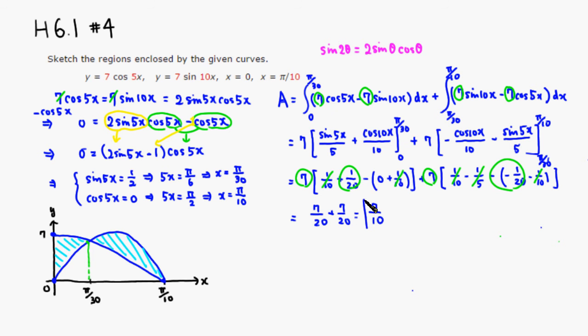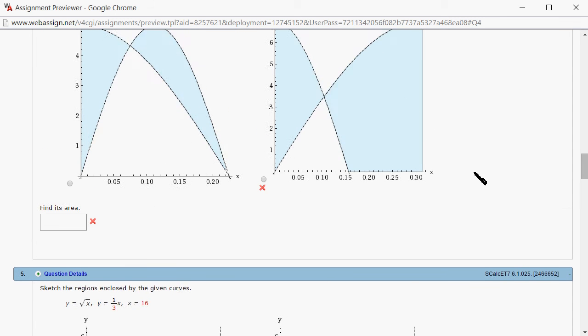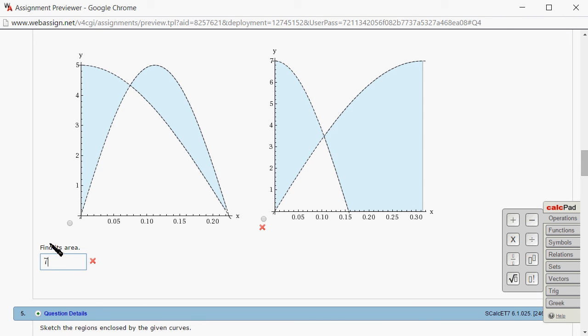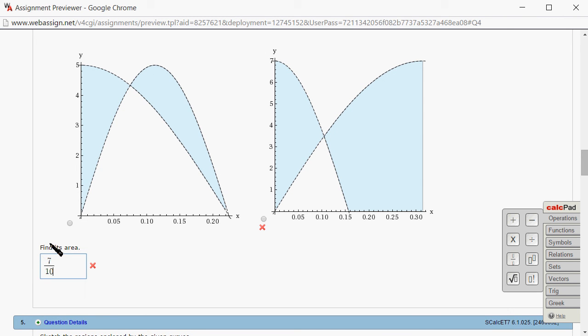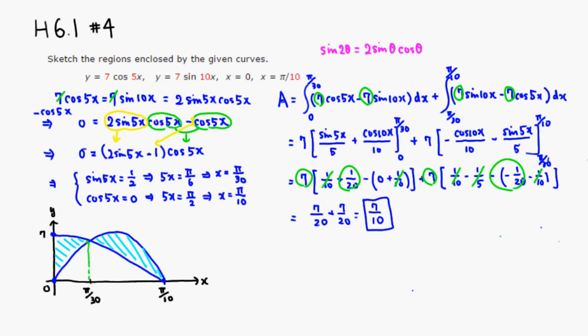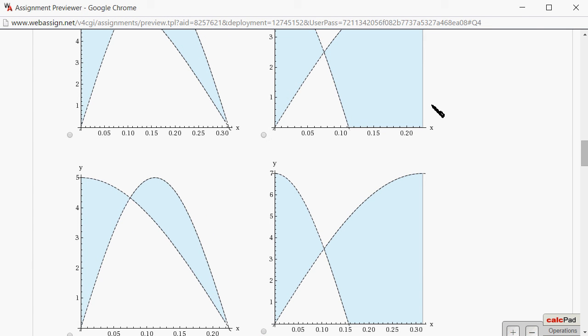All right, so let's type it in. I'm going to type in 7/10 here. The picture we're looking at is pi over 10, which is going to be 0.3 something.